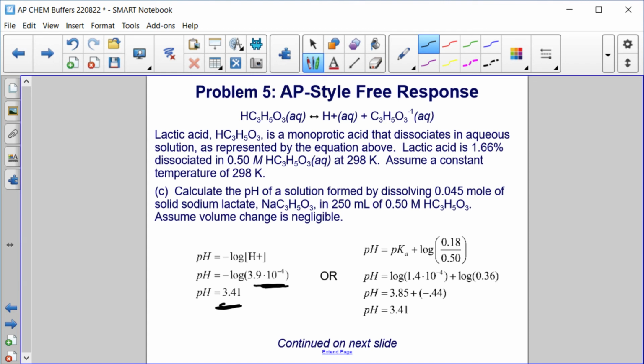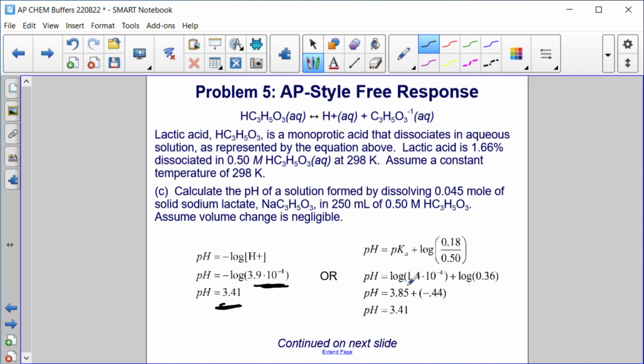We don't have to go through all of those equilibrium steps if we don't want to, as long as we remember that we can use the Henderson-Hasselbalch equation, since we have a solution of weak acid and a salt containing its conjugate base, in this case lactic acid and lactate.